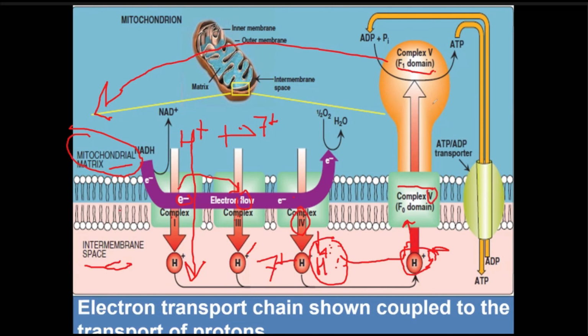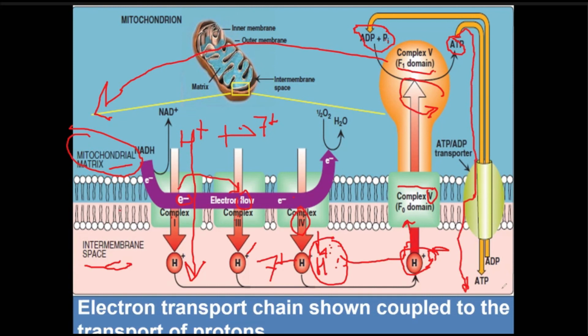What will it do? It will turn this wheel. When it turns, it takes the adenosine diphosphate and adds to it inorganic phosphate to form ATP. Then the ATP will go outside the cell, go to other cells to do other reactions.